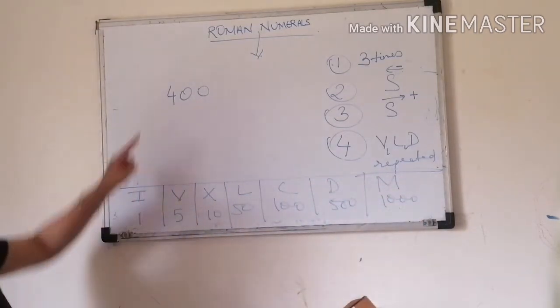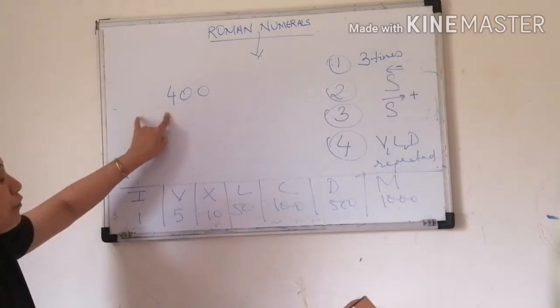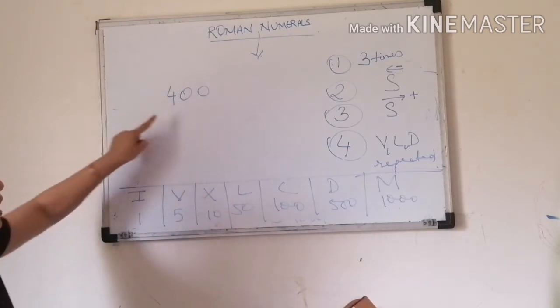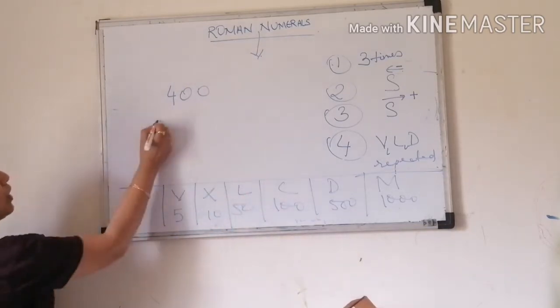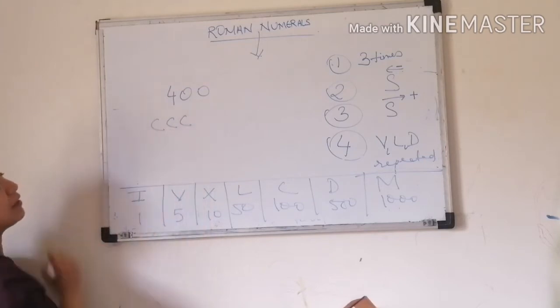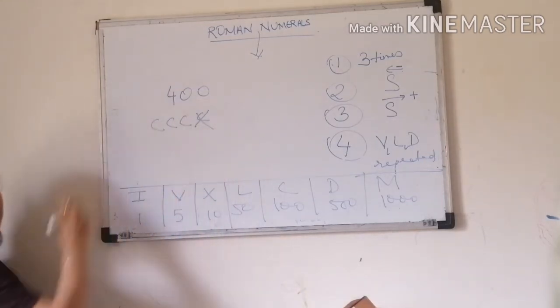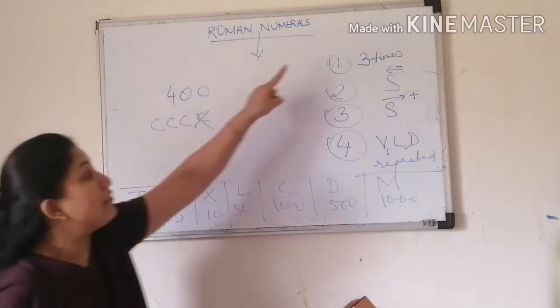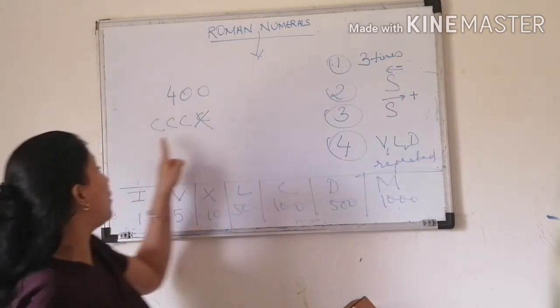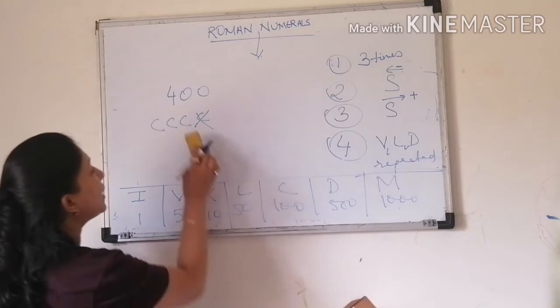I want to represent this in Roman numeral form. I can take C. So 100, 200, 300. Somebody will say, ma'am, one more C. No, I cannot take. Why? My first rule, you cannot repeat more than 3 times.